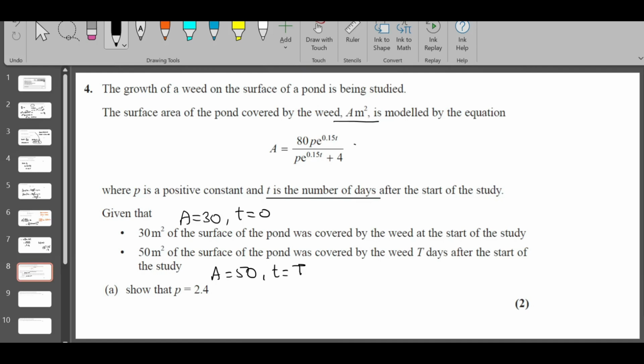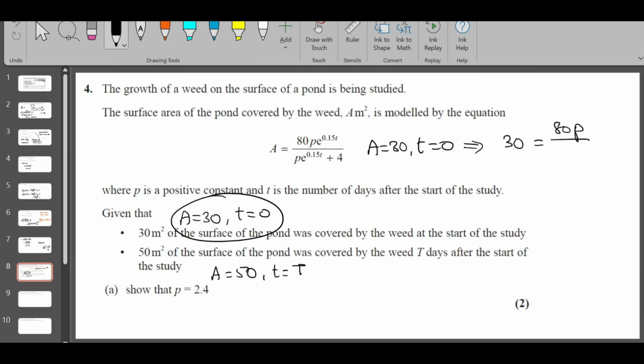So in here we are going to replace A by 30, t by 0, sub in the first condition. So you're going to get 30 is equal to e power 0 is 1, so 80p over p plus 4.